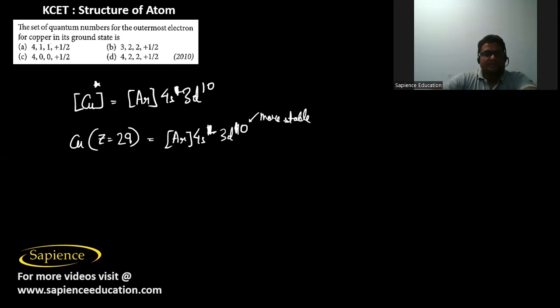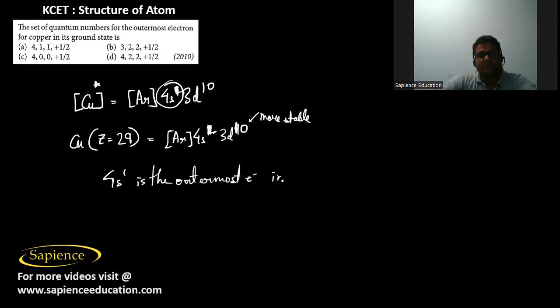So now, the outermost electron is the 4s1 only. So 4s1 is the outermost electron in the ground state of copper.